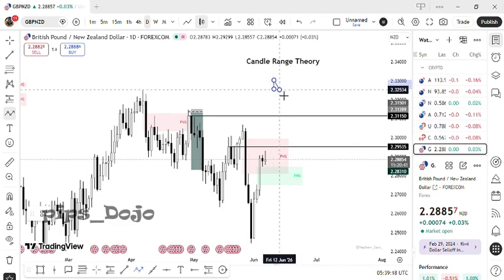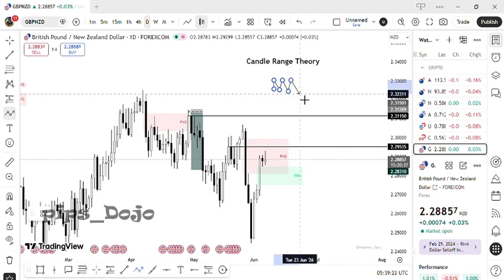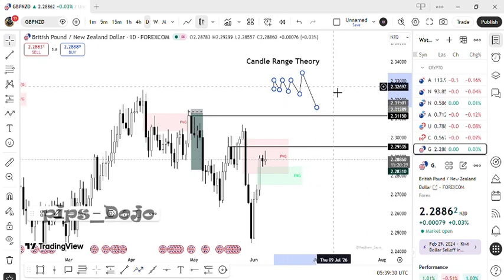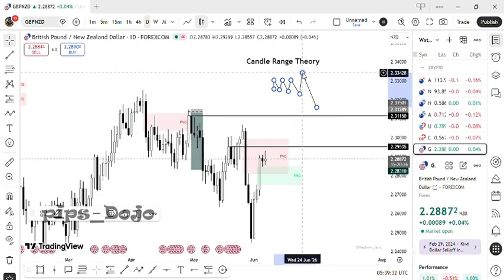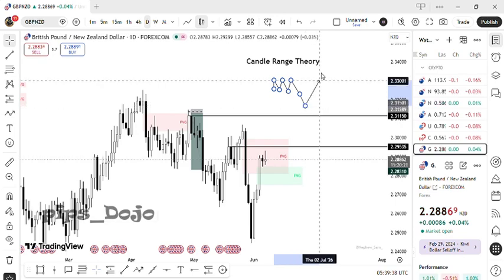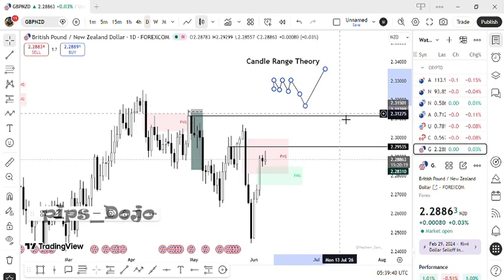Then price manipulates either the high of the range to take out the low, or price manipulates the low of the range to take out the high. So something like this, it's a very good CRT replication.